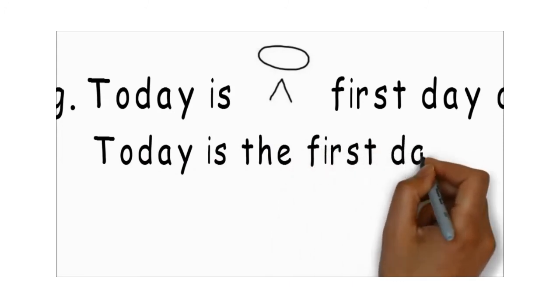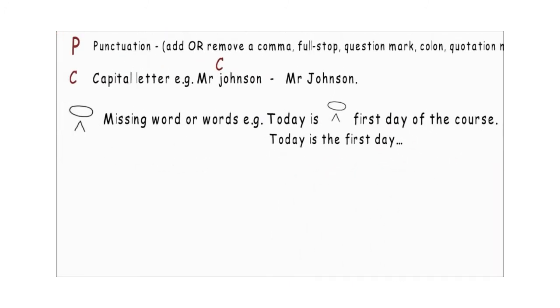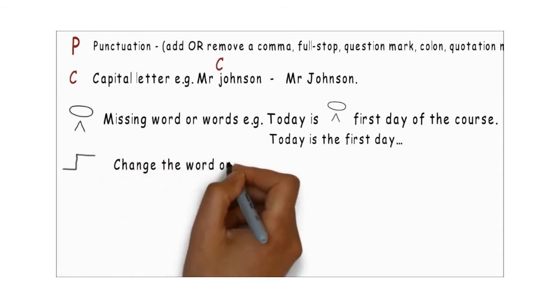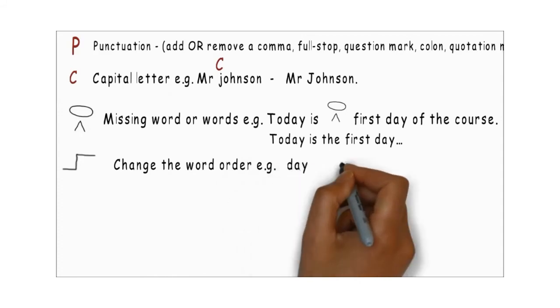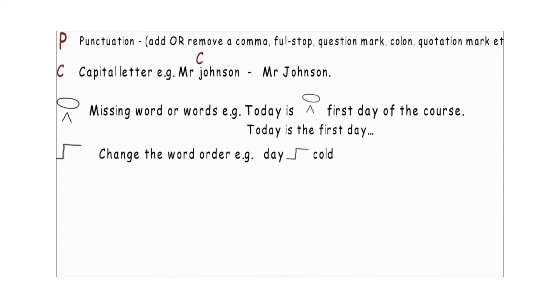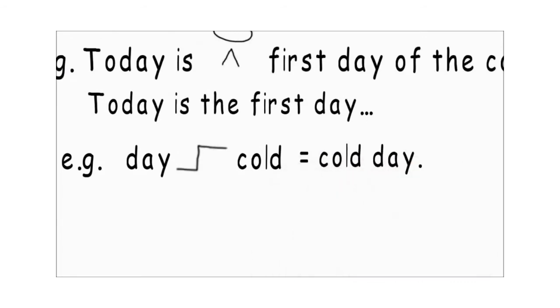In this example, the is missing from the sentence. This symbol suggests that word order is wrong for this particular context. Change the word order to clarify the sentence's meaning.